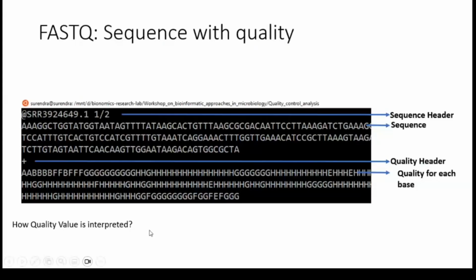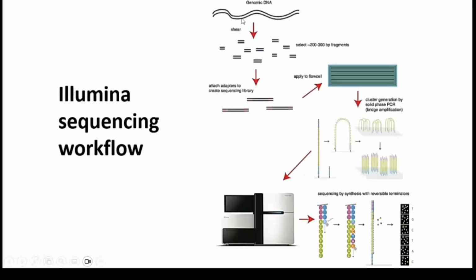It looks something like this, right? In each file there are millions or billions of sequences we receive for each genomic fragment we sequence, right?